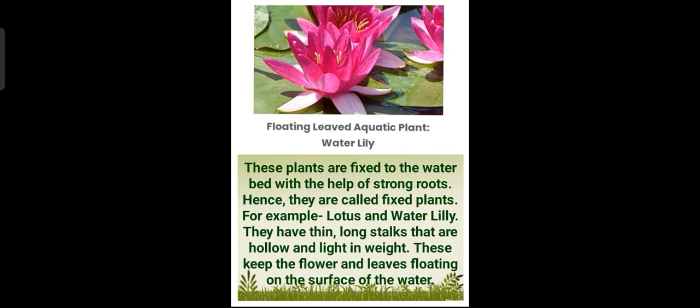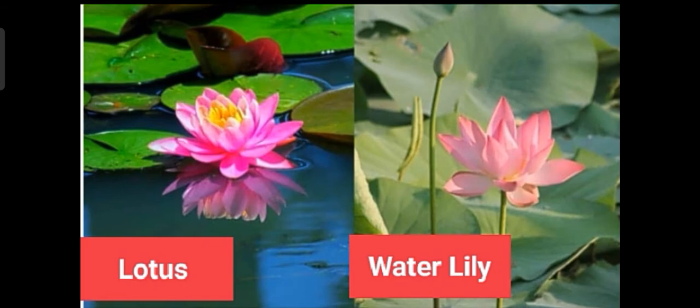These keep the flowers and leaves floating on the surface of the water. Their roots are fixed in the soil of the waterbed, but their leaves and flowers emerge out from the water and float on the surface.